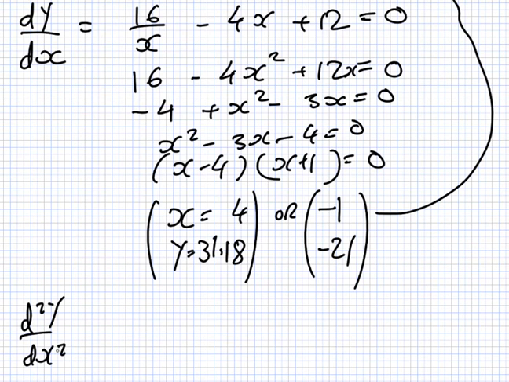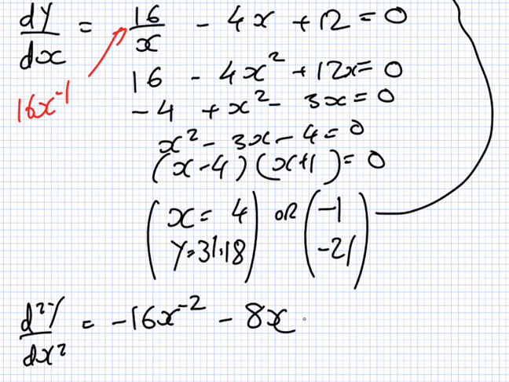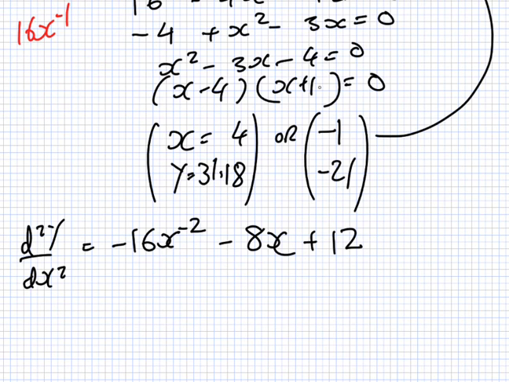Now, what I need to do here is change this one into 16x to the minus 1 so I can calculate the derivative. That would be minus 16x to the minus 2 minus 8x plus 12. Let me just clean this up a bit more.